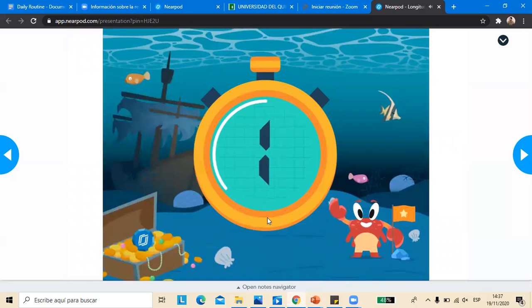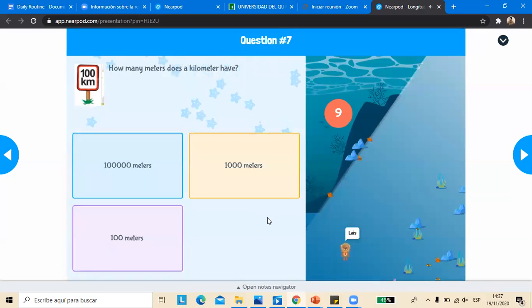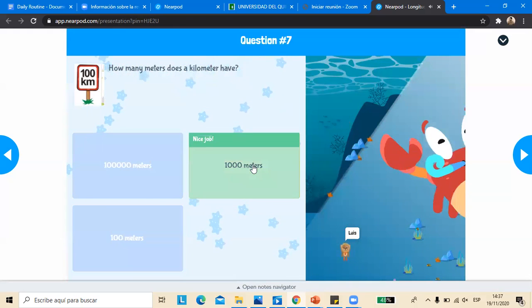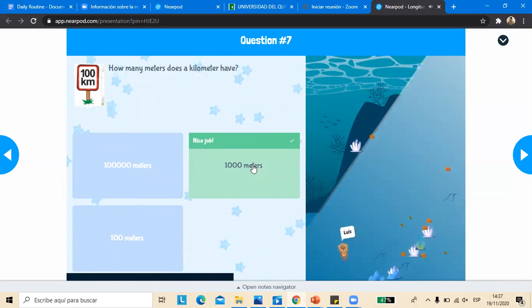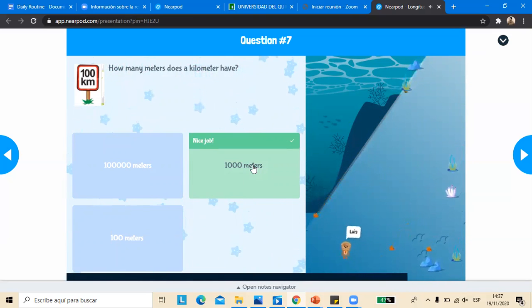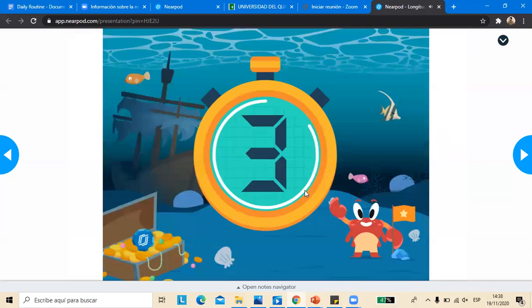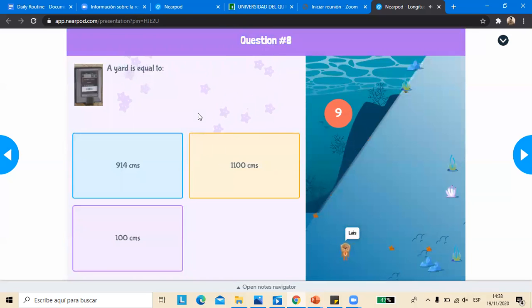So it says, how many meters does a kilometer have? Do you remember that? 1,000 meters. Yes, great job. Okay, and a yard would be equal to? 914 centimeters.